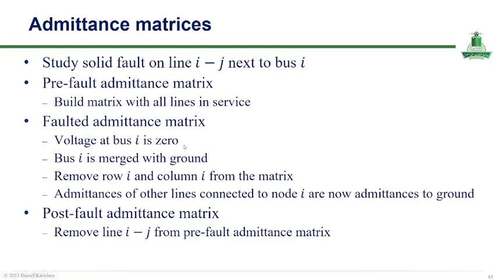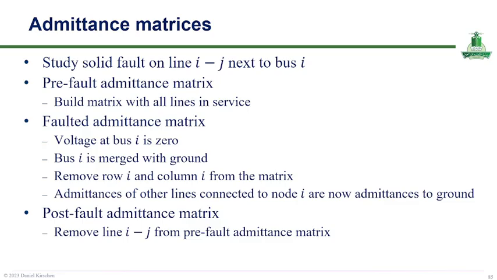So this slide describes the admittance matrices used in transient stability analysis under different network conditions. The pre-fault admittance matrix is built using the normal system configuration with all transmission lines in service.